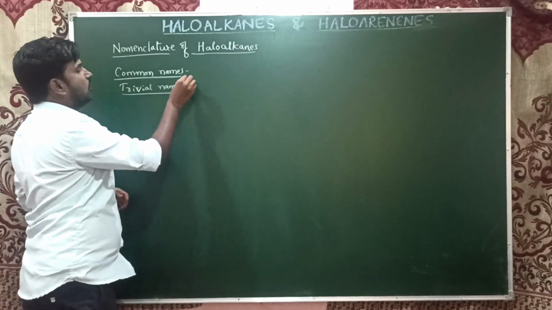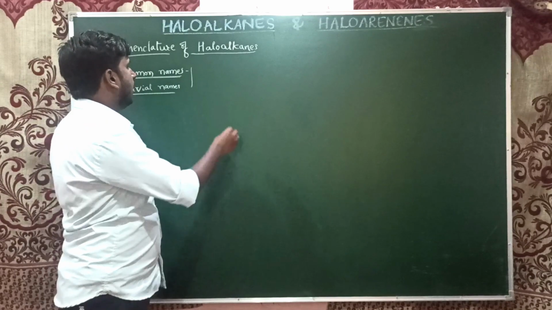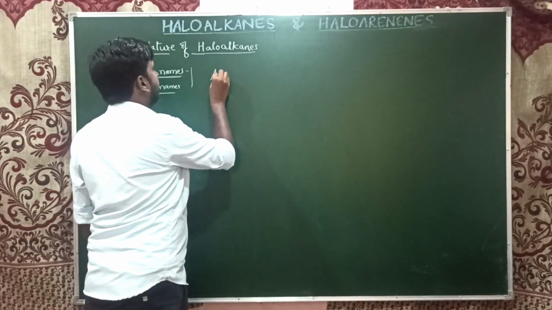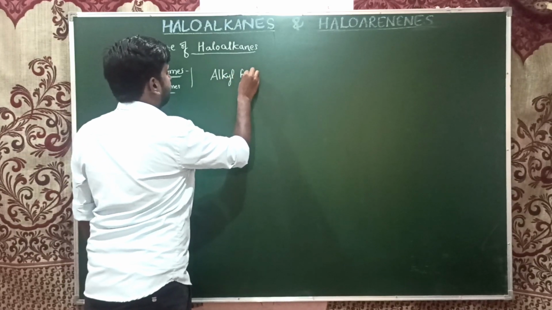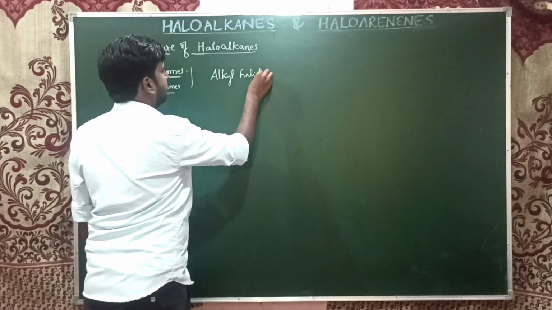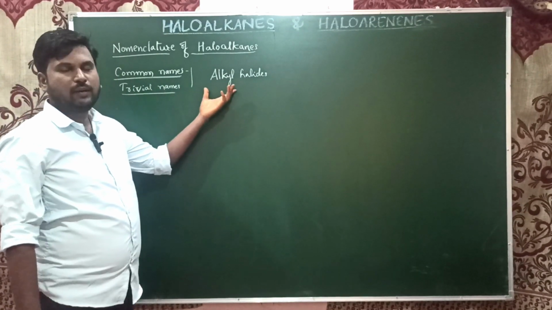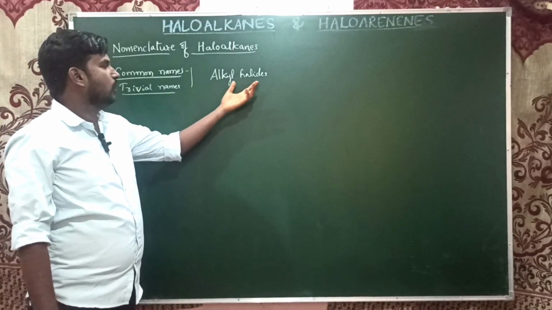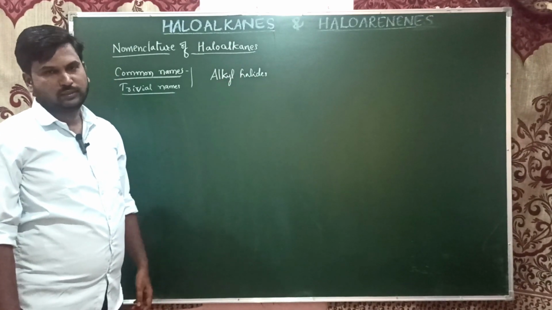If you consider the common names of these haloalkanes, all haloalkanes will be written as alkyl halides. These are the halogen derivatives of alkanes. They are derived as the alkyl name followed by the halogen name.